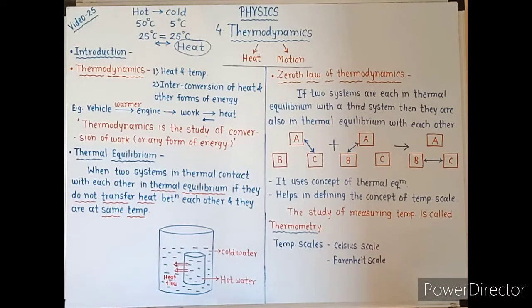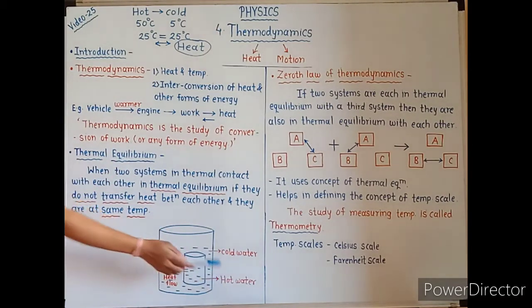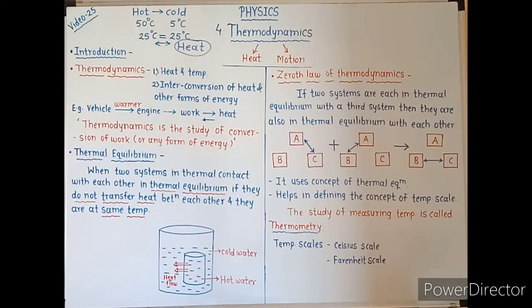That means after some time both reach the same temperature, and at that stage there is no transfer of heat from hot water to cold water. That stage is known as thermal equilibrium.